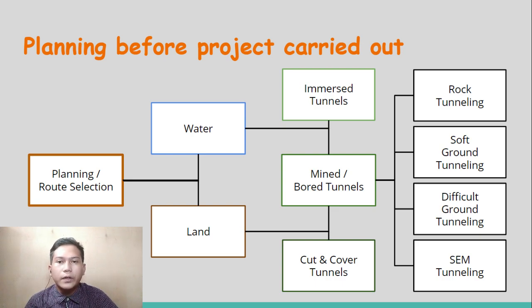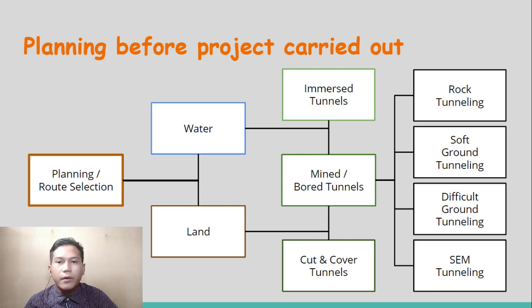Then, discovered where the route will be passed through, whether in water or land. If it is in water, then the immersed tunnel will be used, and if in land, cut and cover method will be used. For the bored tunnel method, both construction in water and land can be used.